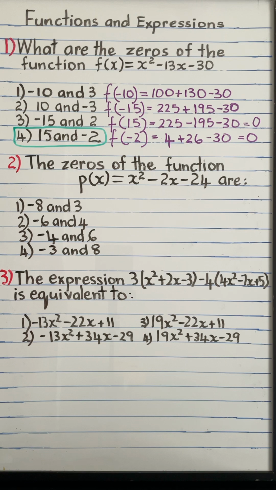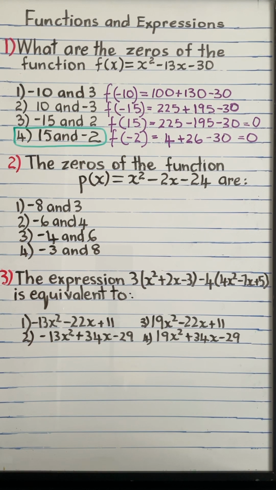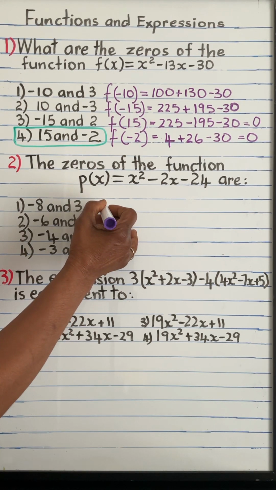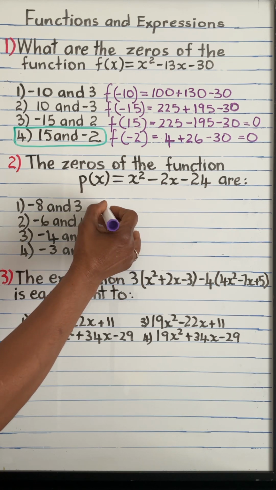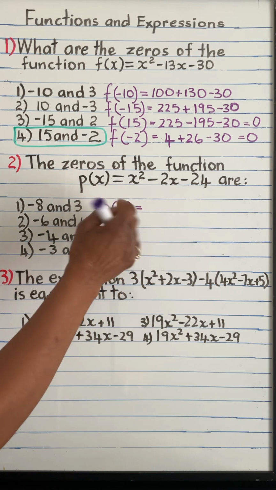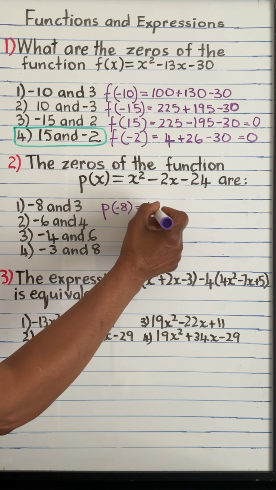The second one: the zeros of the function p(x) equals x squared minus 2x minus 24 are, let's start with negative 8. p(-8) equals negative 8 squared is positive 64.